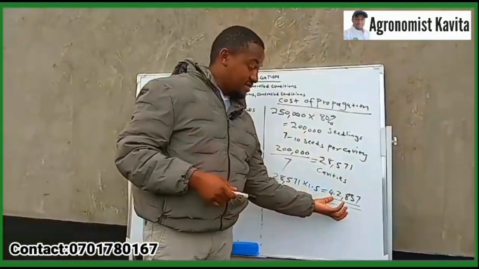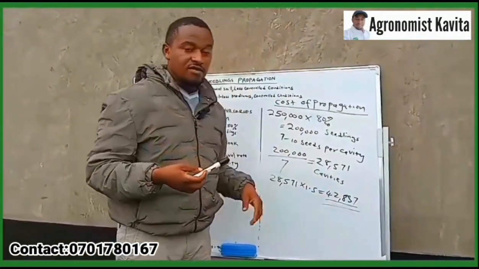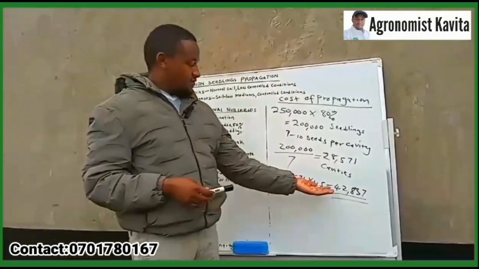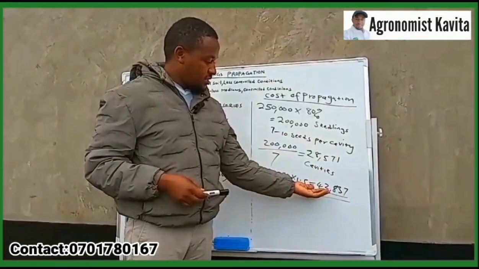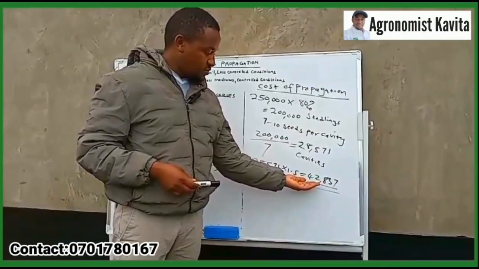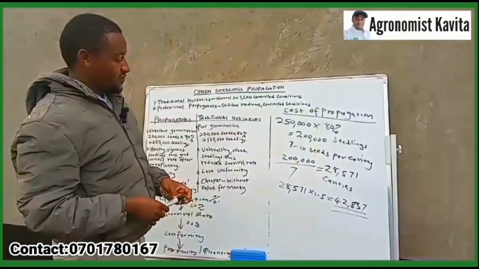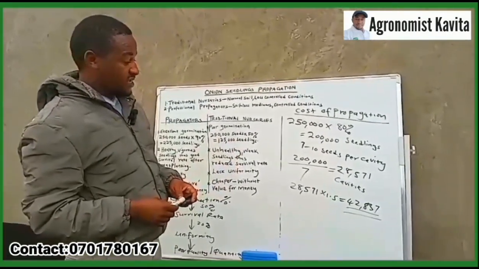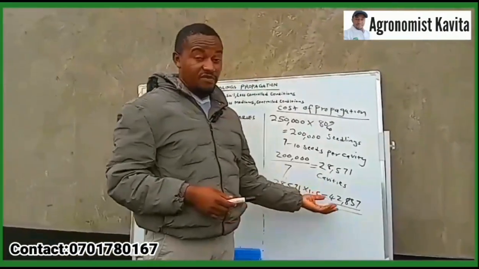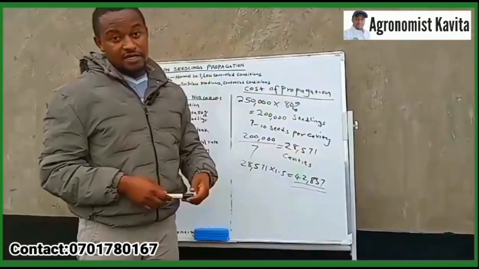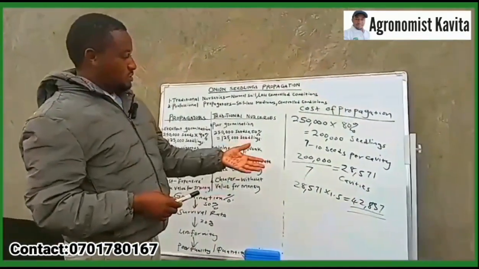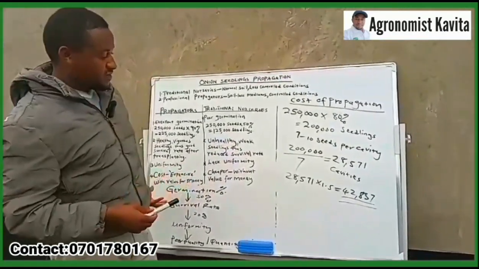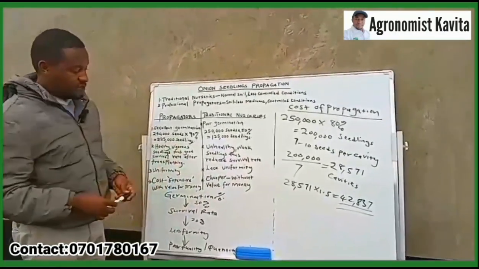So this figure might go higher or lower than the 42,000. This is almost the cost of a kg of onion seeds, for some of the hybrids. So propagation is expensive, but value for money.